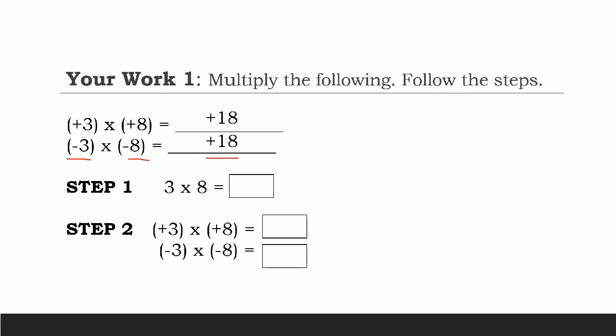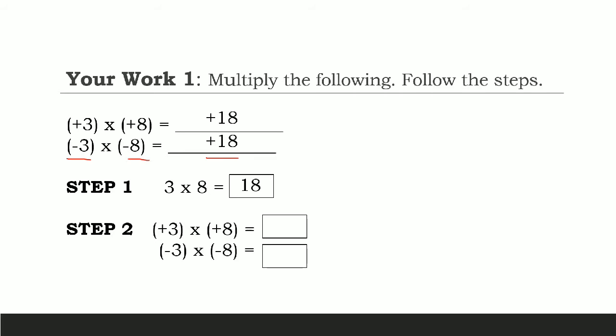Next, step 1. Ano nga ba yung step 1 natin? We will multiply this to this. We will multiply 3, the multiplicand, to the multiplier, which is 8. 18. Our answer is 18. Step 2.